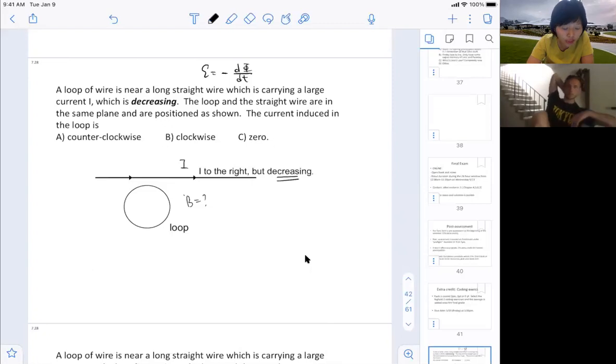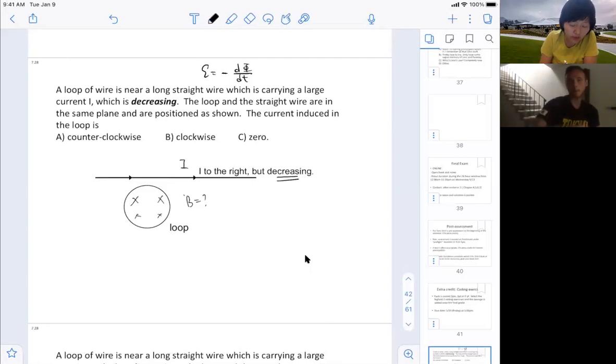All right, so which way would you think the induced current will be? First of all, let's figure out the direction of the B field. In which way do you think the B field is pointing at the location of the loop? Into the page. Very good. So we use the right-hand rule. Your current is pointing to the right, your B field curls around at the location of your loop, and B is into the page.